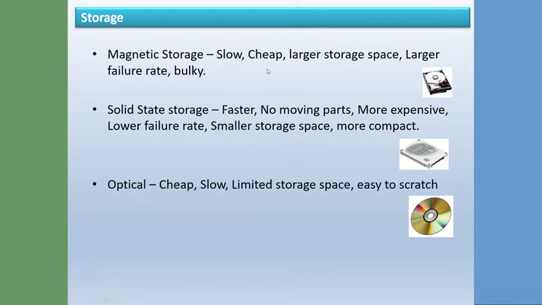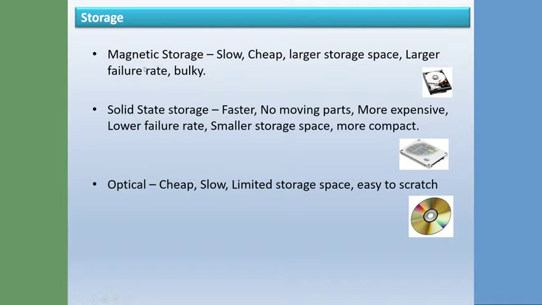So, magnetic disks, they are slow comparatively to solid-state. They are cheaper, but they have much larger storage capacity. We can store a lot more data on a magnetic disk for less money. However, the downsides to that are they are slightly slower, so the access speeds are slower.